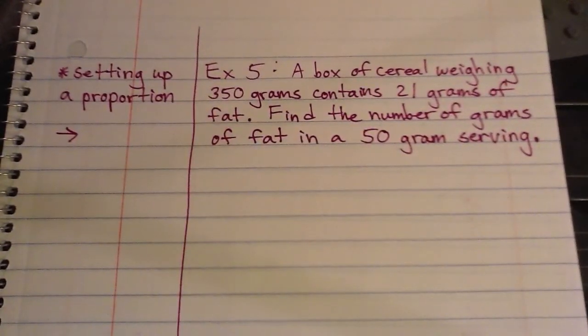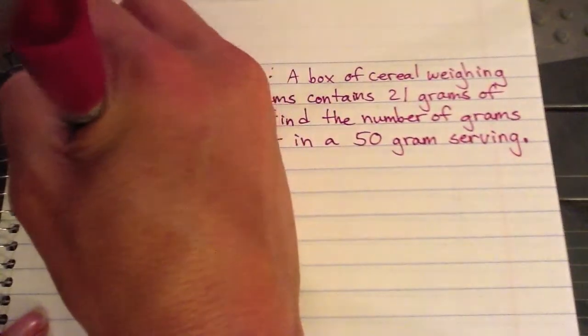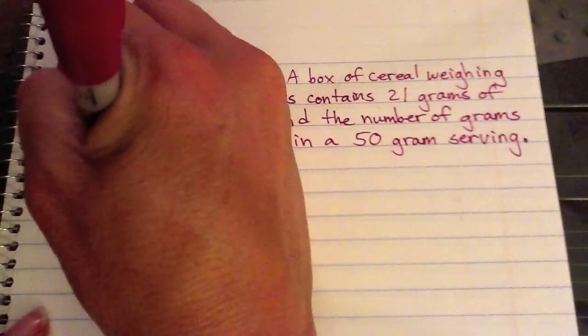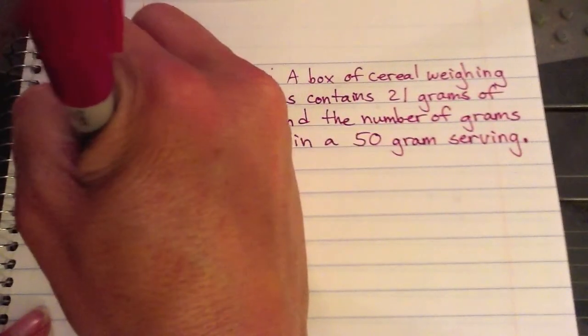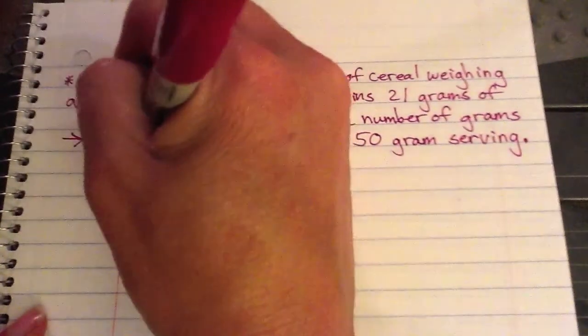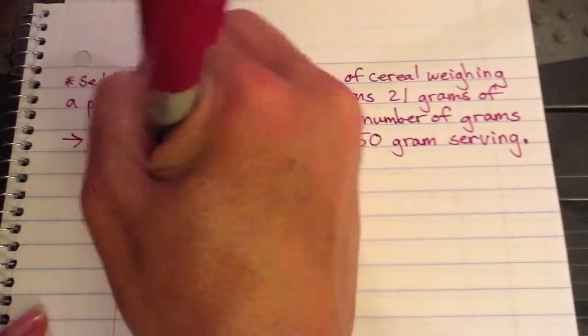And what I mean by that, across the equal sign, is let's just call this serving. So serving over, let's call the other one fat, equals serving over fat.